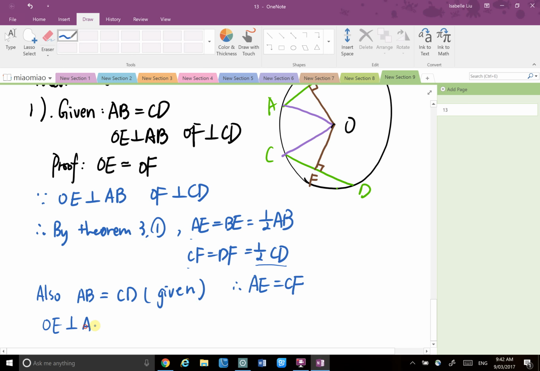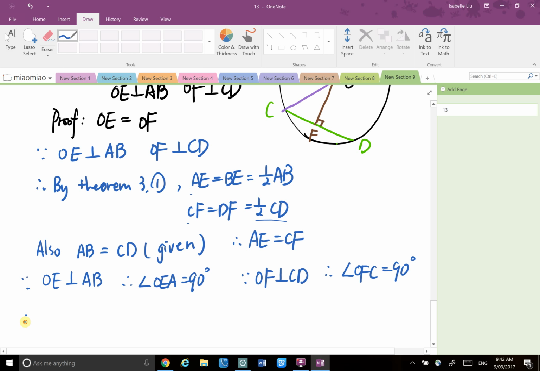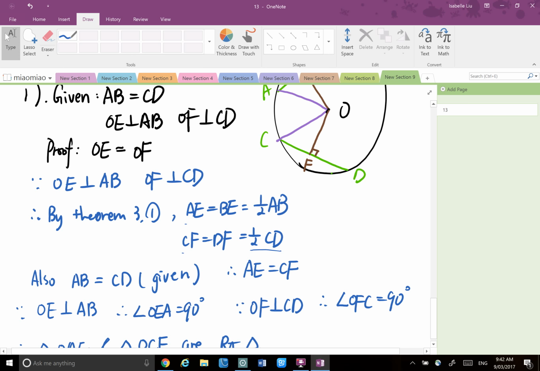OE is perpendicular to AB, so angle OEA equals 90 degrees. OF is perpendicular to CD, so angle OFC equals 90 degrees. So triangle OAE and triangle OCF are right angle triangles.